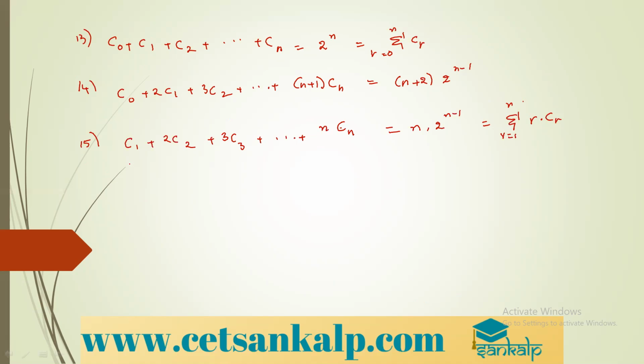That is what you can see here in short. The 16th formula is C0 + 3C1 + 5C2, and so on, up to the odd number (2n + 1) Cn. It can be written as (n + 1) into 2 power n.